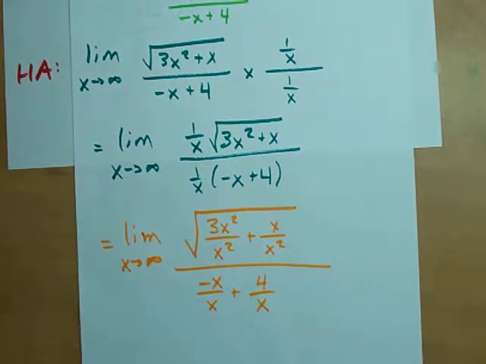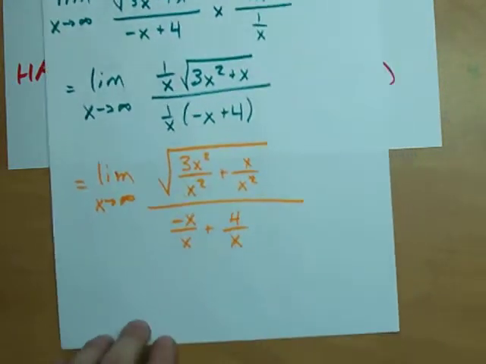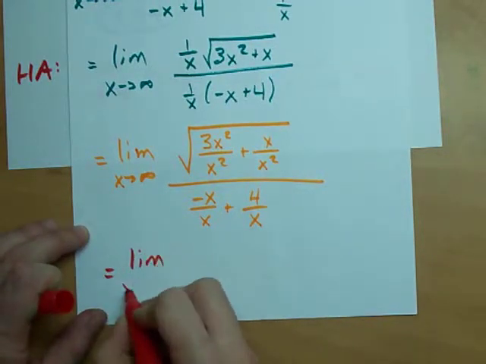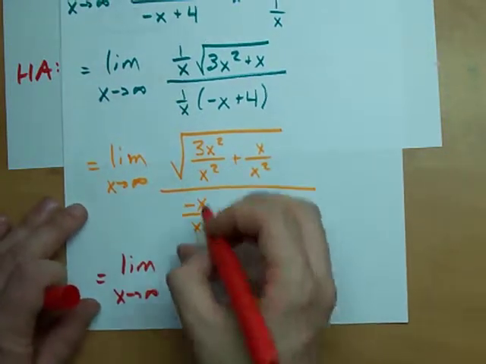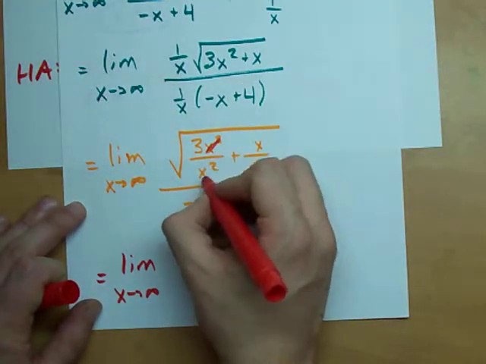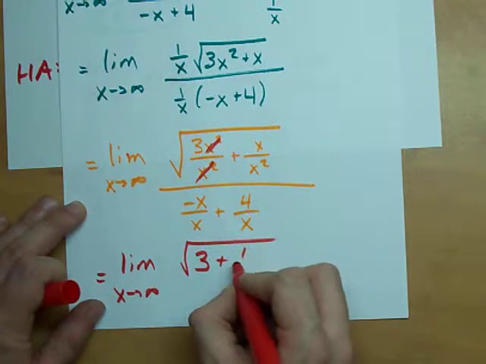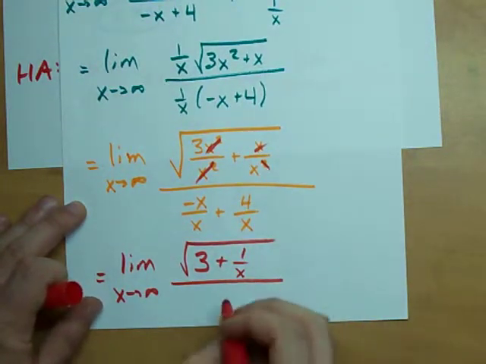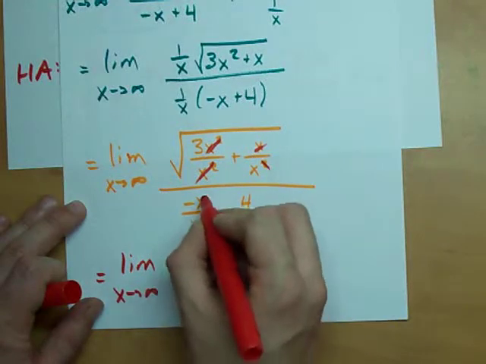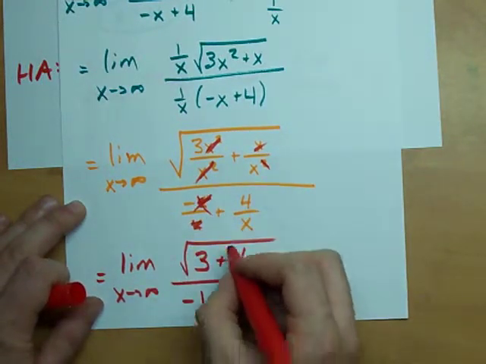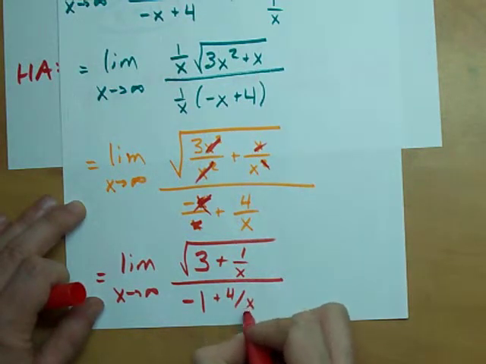Here's why this is significant. First of all, some of these exponents cancel. In this case, the limit as x approaches infinity of the square root of 3, see how the x squareds cancel each other out, plus 1 over x, all over negative 1, see the x is canceled, plus 4 over x.